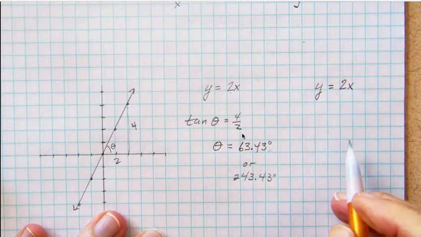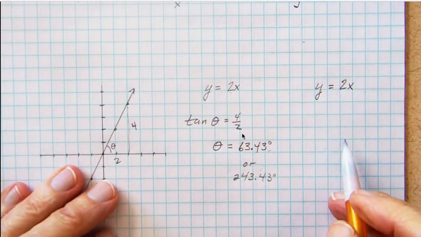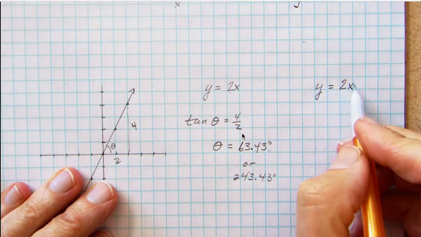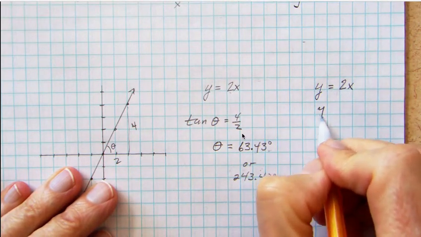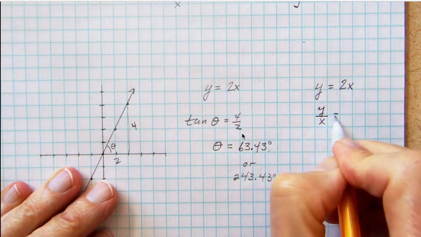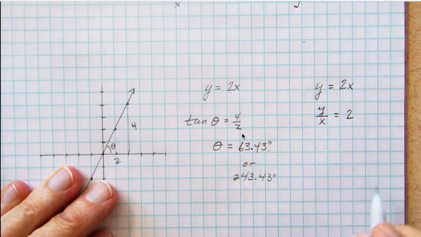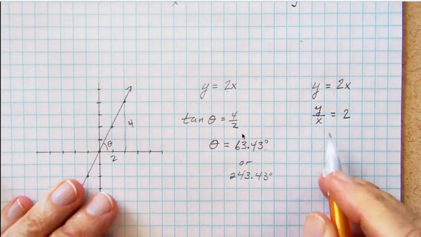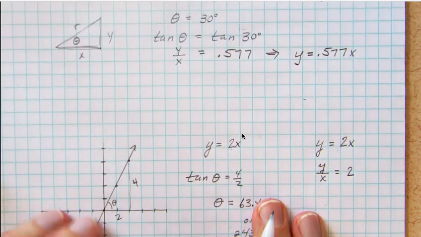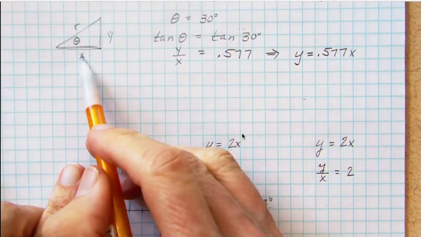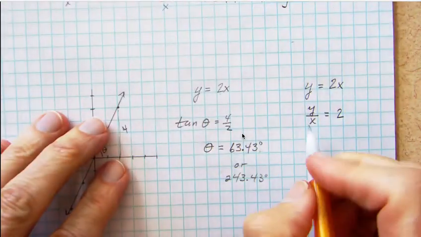And then we'd want to try and set up a ratio of y over x. So if we divide the x over, we have y over x equals 2. And then we say, well, okay, y over x, again thinking about that little triangle, is the same as tan theta.